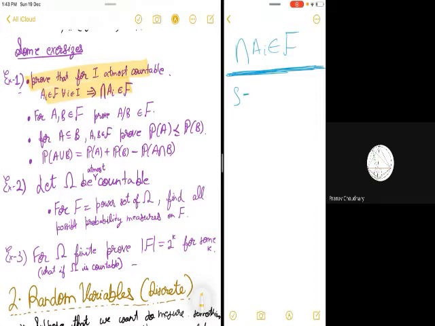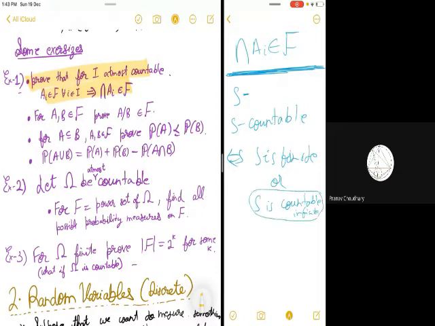So we say that S is countable means that S is finite, or that S is countably infinite, which means that it is in bijection with the natural numbers. So is this clear? Yeah. Okay.